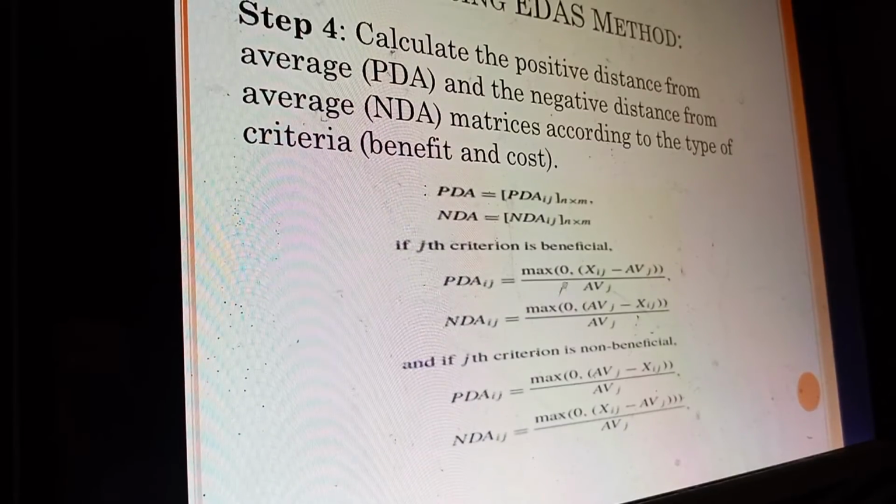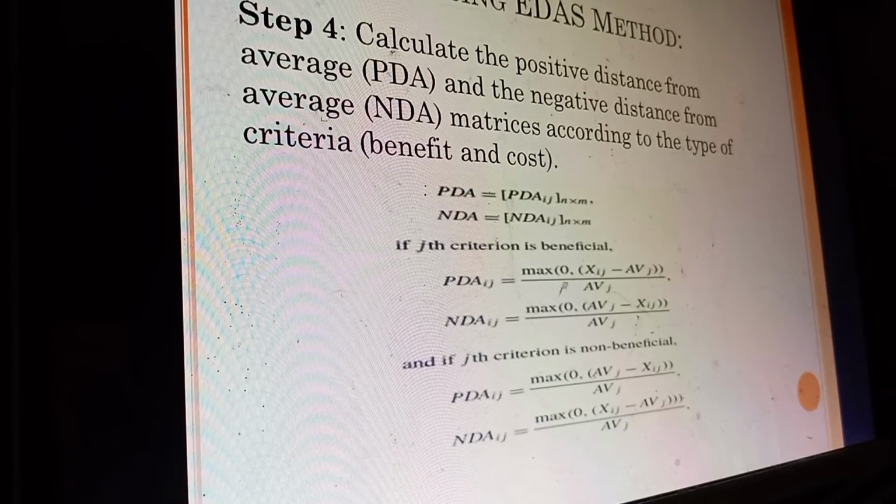Step 4, calculate the positive distance from average, PDA, and the negative distance from average, NDA, matrices according to the type of criteria, the cost and benefit. So the formula would be the following.